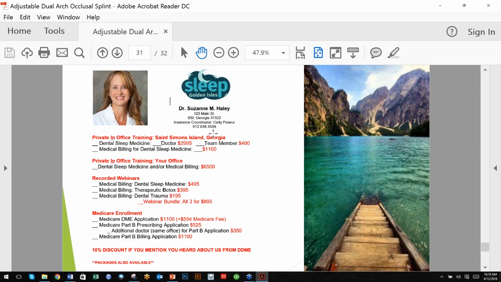She plowed through all these issues one by one: medical insurance, symptoms, what's the best appliance, sleep apnea, the medical condition, the physician part, on and on and on. And for these modest fees, she will show you how she did it, okay? And we know it works. She's been very successful. Again, her number is 912-638-3559. Okay, great. And you can just pick the topic. That's what's great about it. You just pick the topic that you want to learn about.